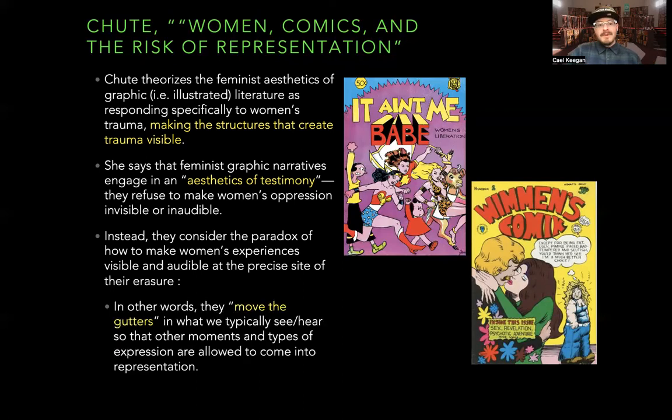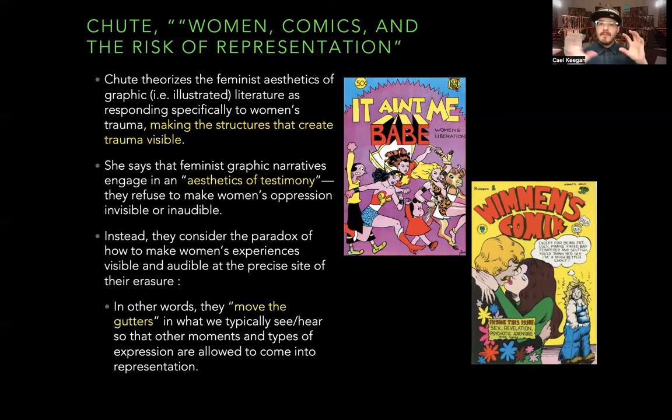So what happens is that Shute argues that books like this are literally trying to move basically the cultural gutter, the space where things fall out of visibility, right? You could think of the little white spaces between panels as a place where something is not seeable, that we can imply with our brain what has happened, right?